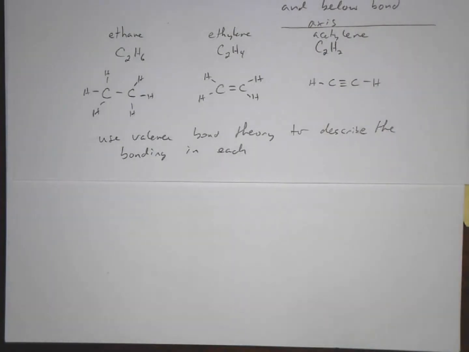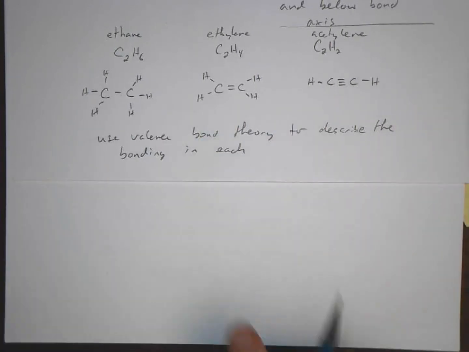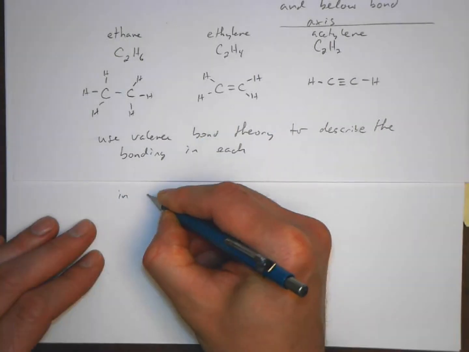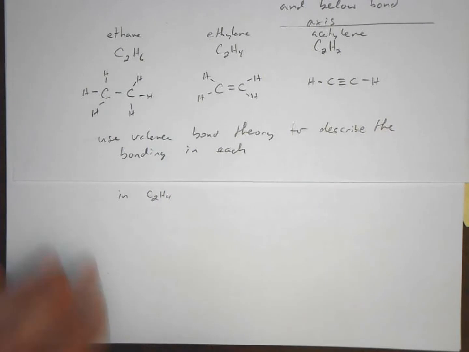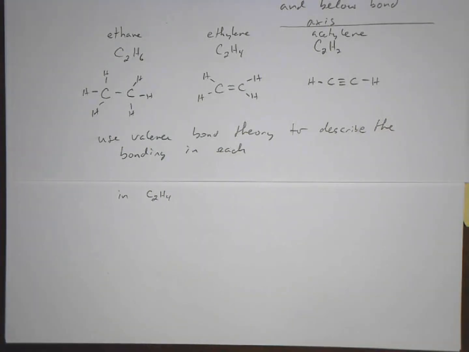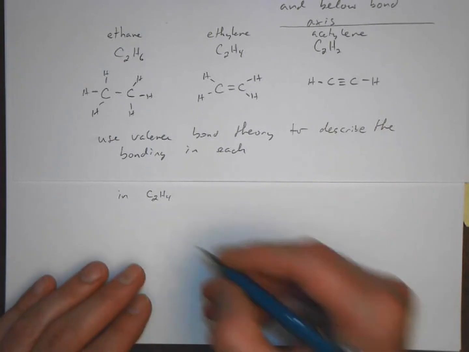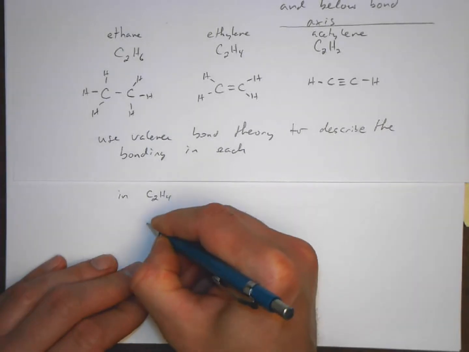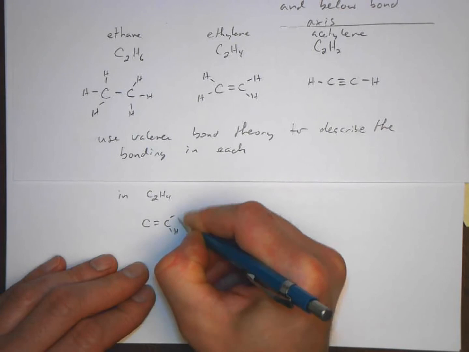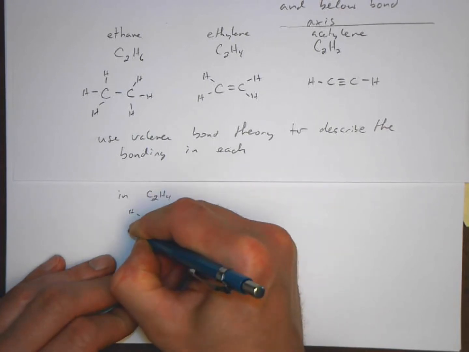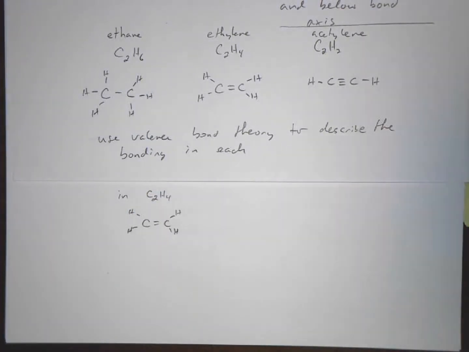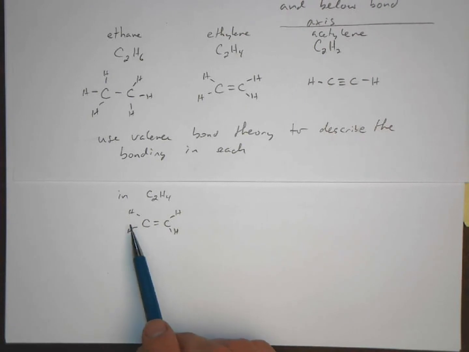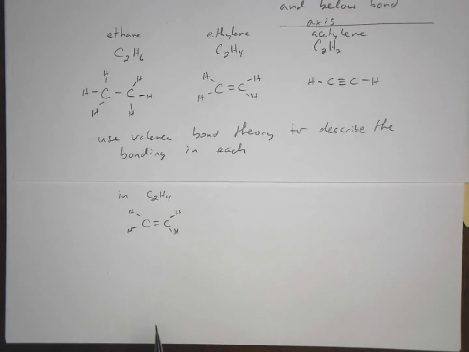Contrasting these three things, let's think about ethylene, C2H4. What would be the electron pair geometry of a carbon atom in this molecule?